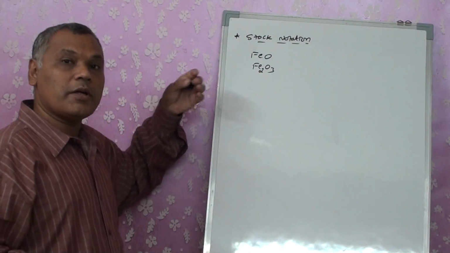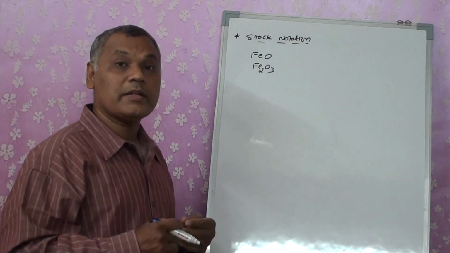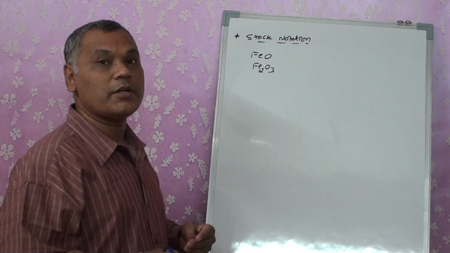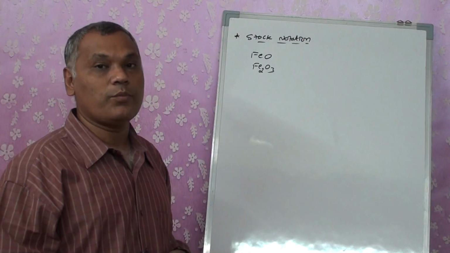FeO, iron oxide. Fe2O3, it's also an iron oxide. Now, when both are written as iron oxide, how can we specify what the difference is between these two compounds?